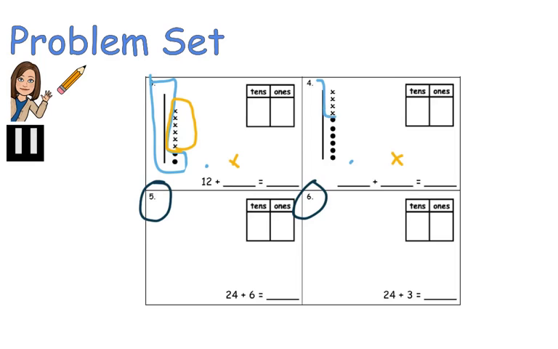So the group of 10 and the ones with the circles is one group, and then the X's is the other group, okay? And then for 5 and 6, you also need to draw a picture, so you can do it just like the picture for this one.